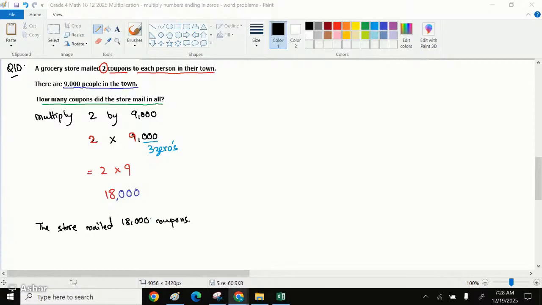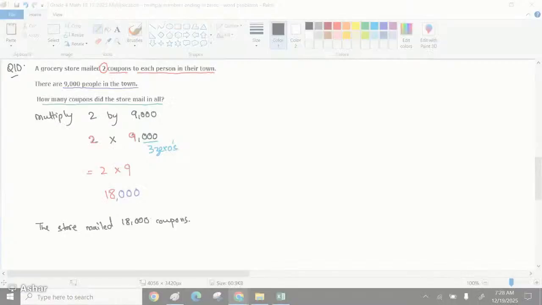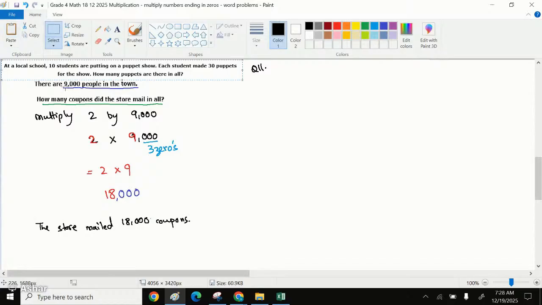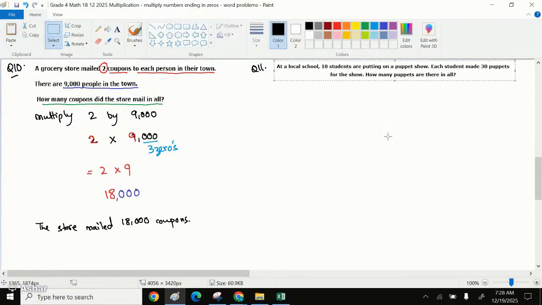The next question is, at a local school, 10 students are putting up a puppet show. Okay, let's see the next question, question number 11.